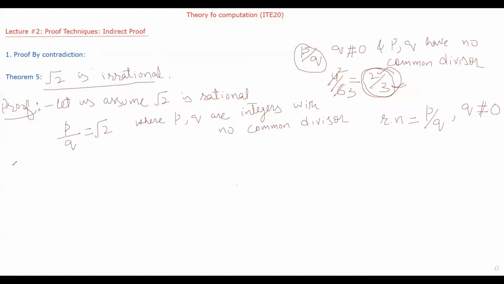Now let's square both sides. It will be p square by q square is equal to 2, or I can write p square is equal to 2 times q square.